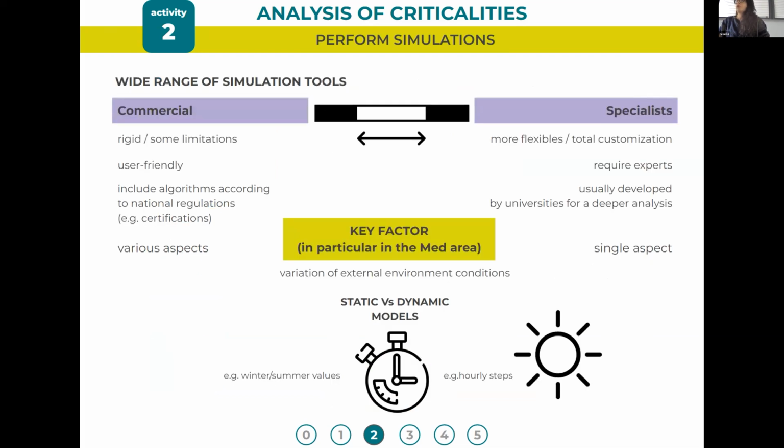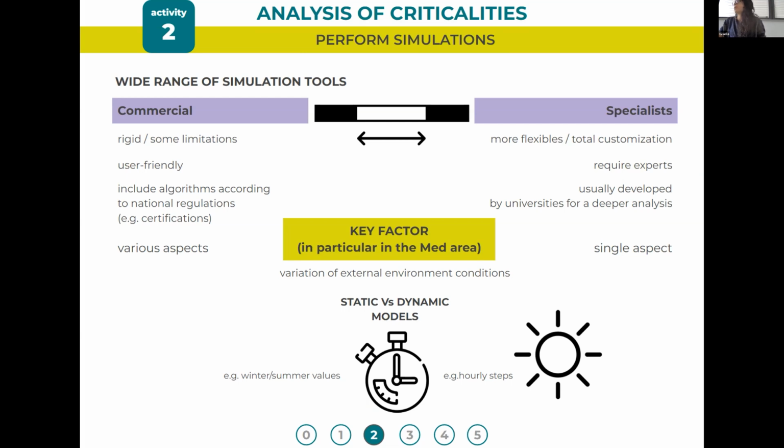There are a lot of simulation tools present in the market, and we can do a simple distinction between commercial and specialist simulation tools. The commercial ones are usually more rigid and have some limitations, for example, in the setting of the plant system, while the specialist ones are usually more flexible and consent a total customization of the data to insert and to elaborate.